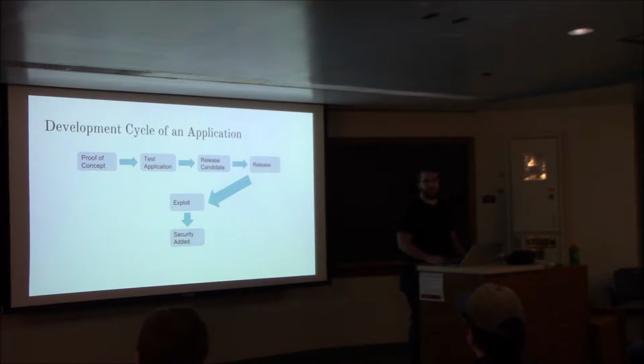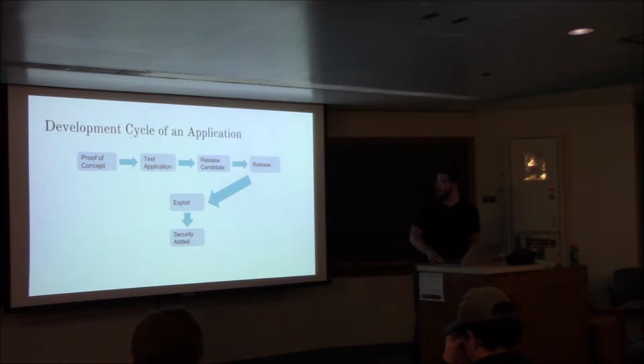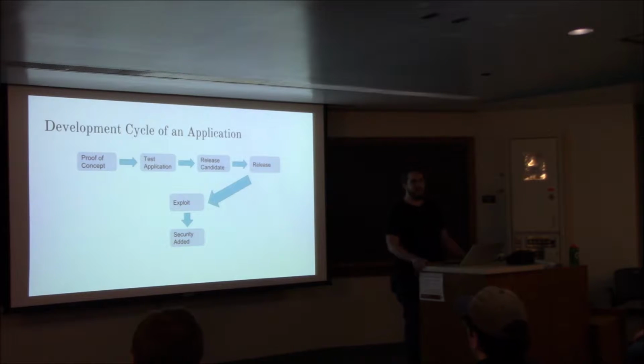First and foremost, here is the development cycle of an application, especially in the past. It's kind of changing now as security exploits are getting more and more prevalent and significant. But the traditional flow of an application would be a rough proof of concept with minimal functionality, a test app that mostly works, a release candidate that's almost ready for release, and then your released production app.